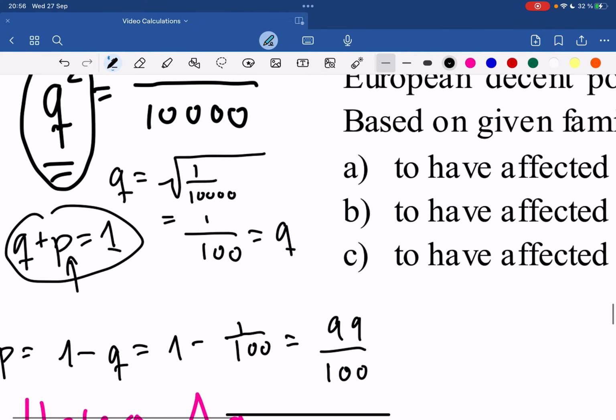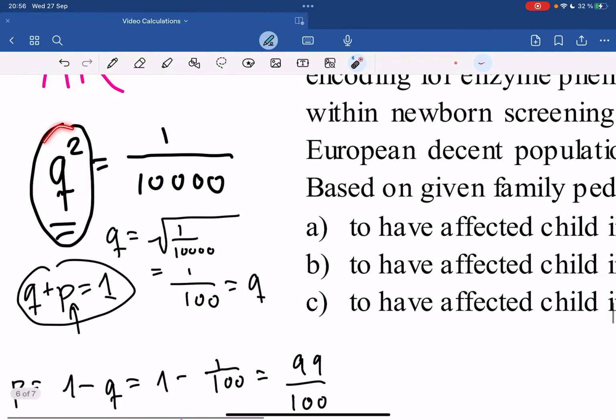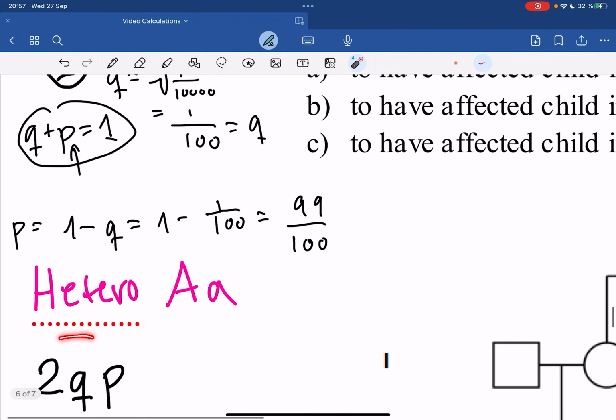I feel like I'm going too quick here. So we know that q to the power of 2 is 1 out of 10,000. We now want to know simply q without the power of 2, so we take the square root. You're with me here so far? That's 1 out of 100. Now we want to know what p is, because we want to calculate 2qp. We already know what q is.